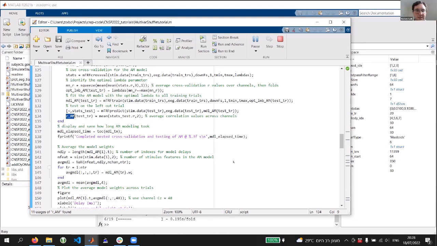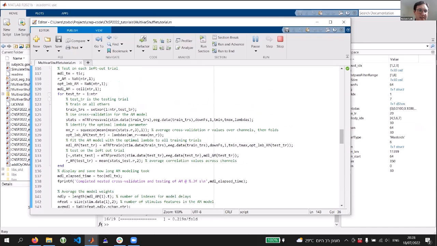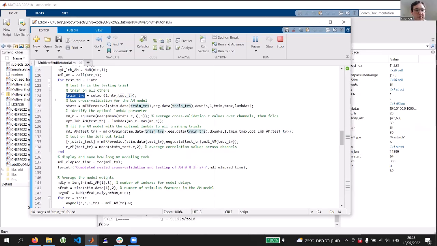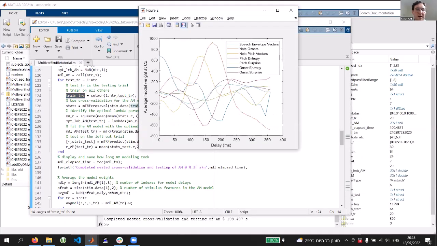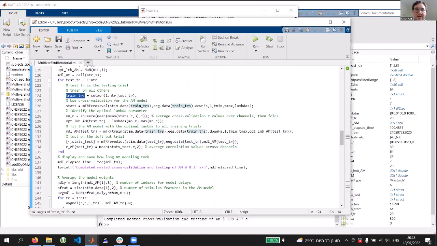Oh, that is a good question. So specifically what I'm doing is I pick one trial. So that's what I'm iterating over. So I pick one trial, leave that out and train on the rest. And so the approach I'm taking here is I run cross-validation on these training trials to figure out the optimal, well, I'll come back to that for a second. So I fit the model and find the optimal lambda parameter on that training data. So it's sort of a two-step process.